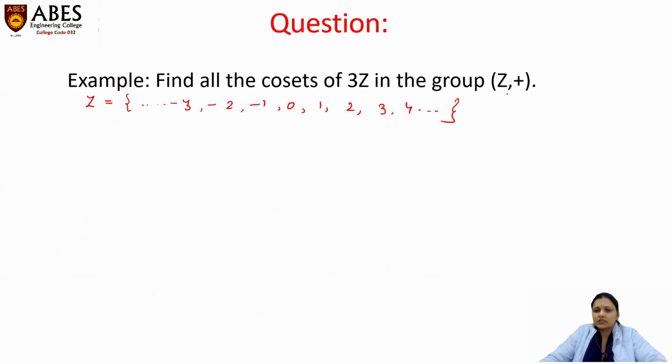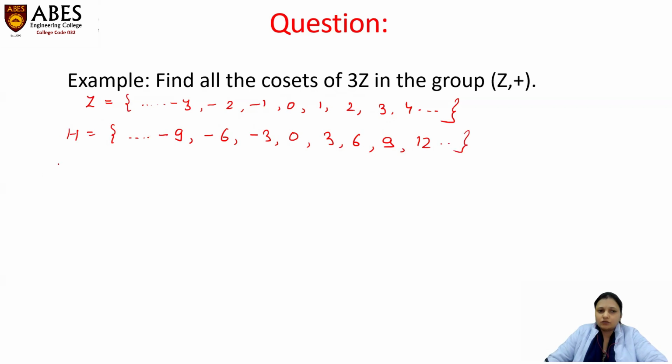Here the subgroup is 3Z, so H is 3Z: -9, -6, -3, 0, 3, 6, 9, 12.